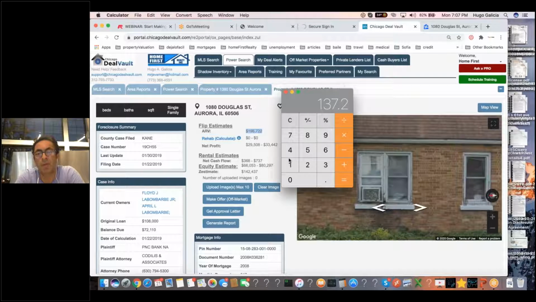The rehab is going to be between 35 to 40. So we're gonna be conservative. 196 times 70%, and then minus the rehab. So let's say 35. So 102.